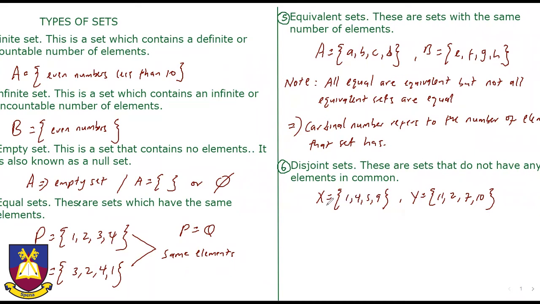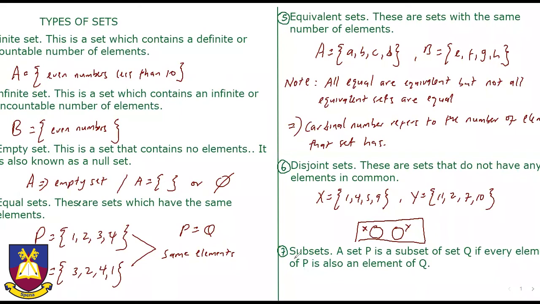So their intersection in that case would be 0. And if I were to indicate them in a Venn diagram, then this would be X, this would be Y. They don't meet anywhere, they have no intersection, so they're disjoint. That's what we mean by disjoint sets.